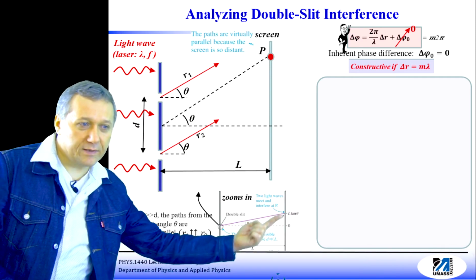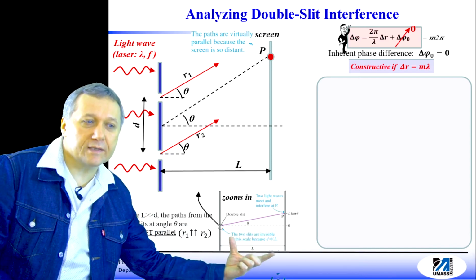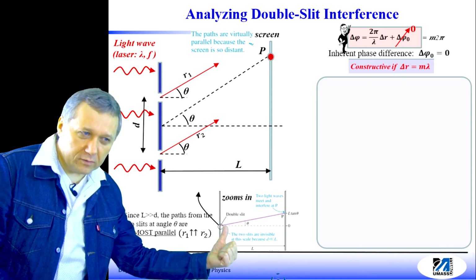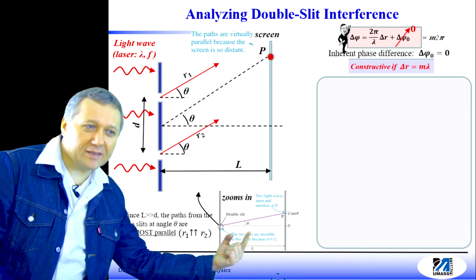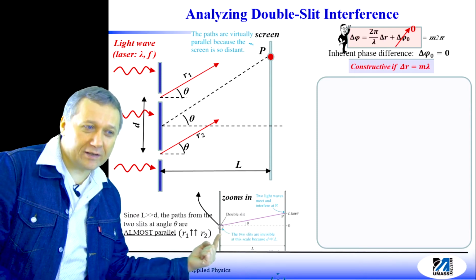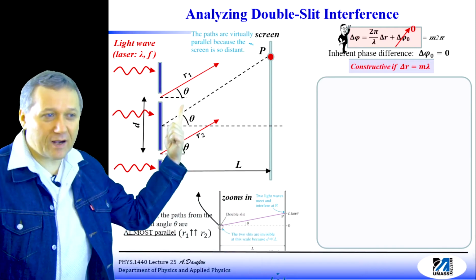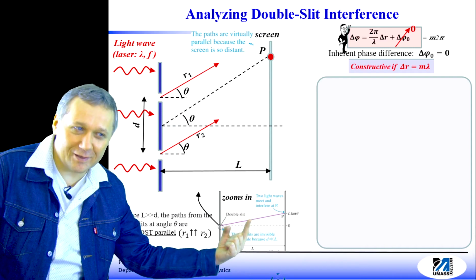In order to demonstrate that, I took this picture from the book. What do we have here? This is the screen. This picture is drawn more or less in scale. And over here, we have the double slit. It's invisible. It looks like one line, but strictly speaking, it's these two lines, R1 and R2. You will never be able to see the difference in their directions.